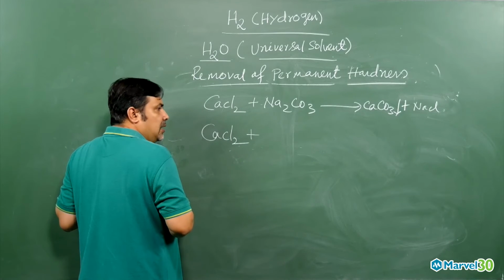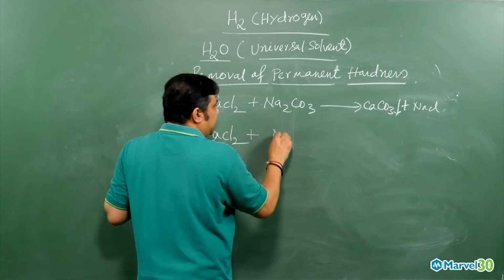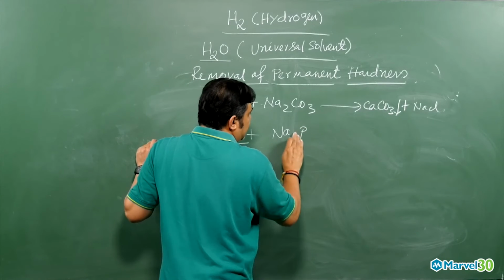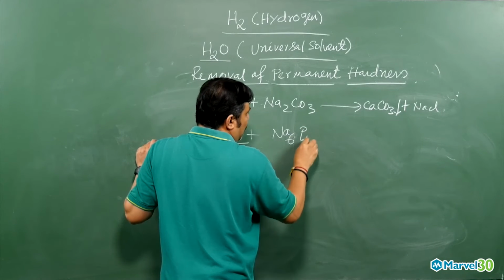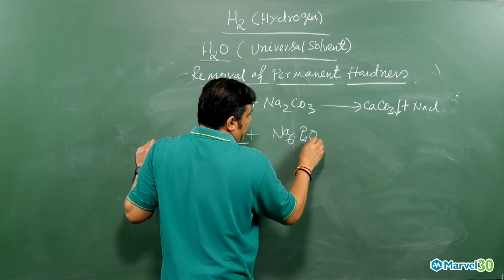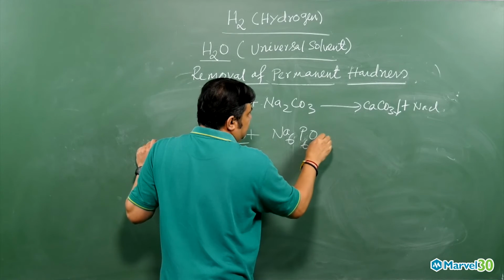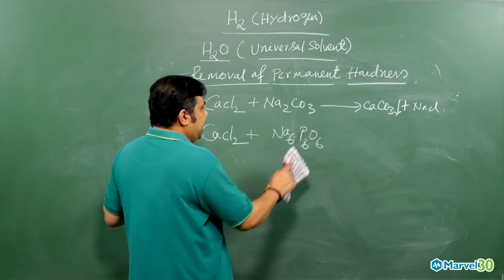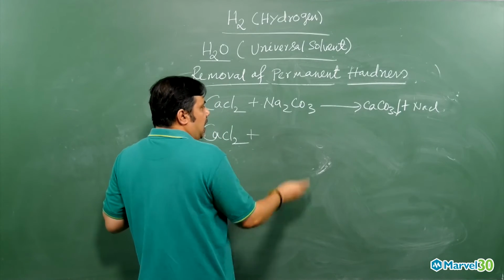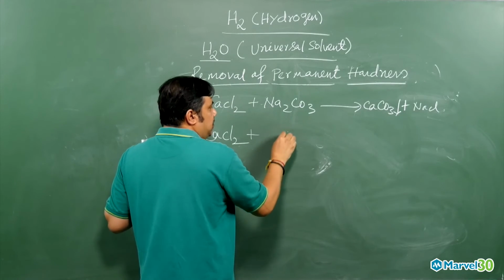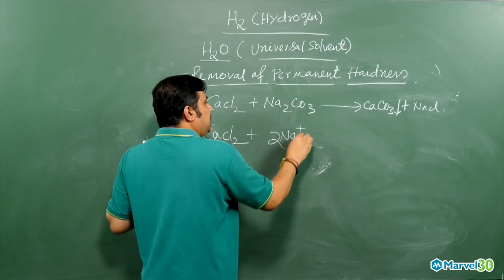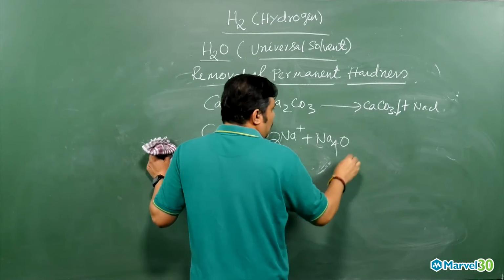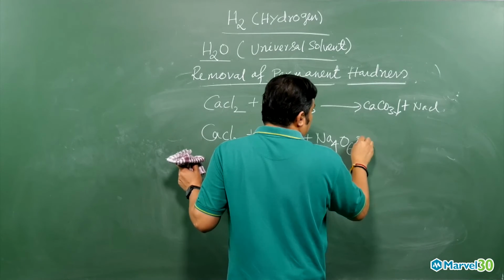Like in the permutit method, you have a calcium chloride salt or calcium sulfate salt, and you treat it with permutit. Permutit is nothing but Na4, P4, O10, P4, Na6, P6 and O6. From here itself, out of the 6 sodium, 2 sodium ions will be removed, and immediately you will get Na4, O6 and P6.